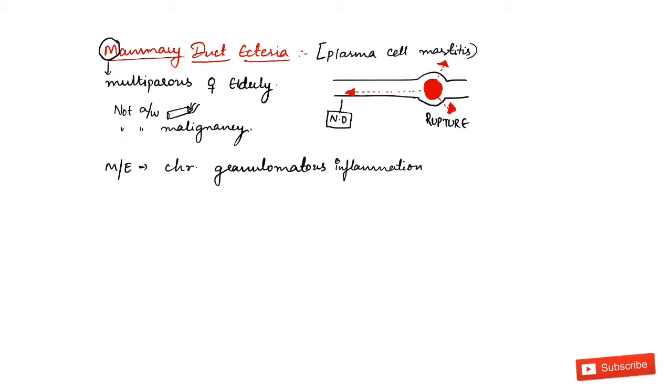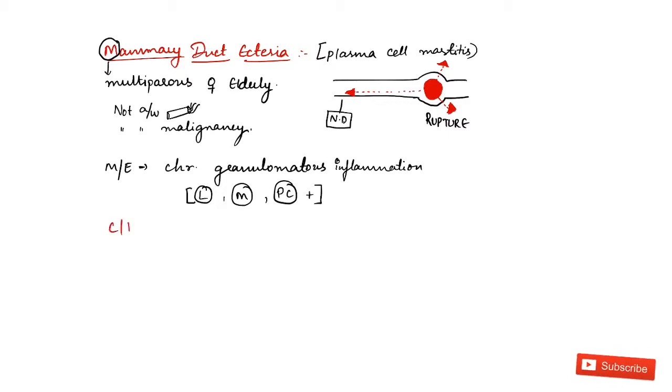Why is it called plasma cell mastitis? On microscopic examination, we find chronic granulomatous inflammation, so the lymphocytes, the macrophages, and the plasma cells are present on the biopsy slide. This is the thing you have to remember.